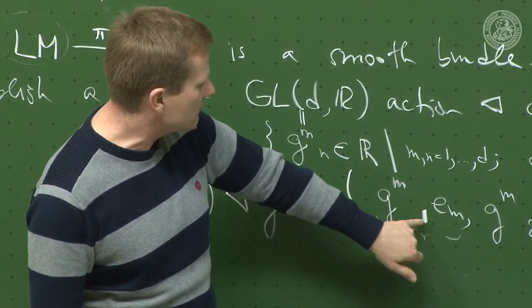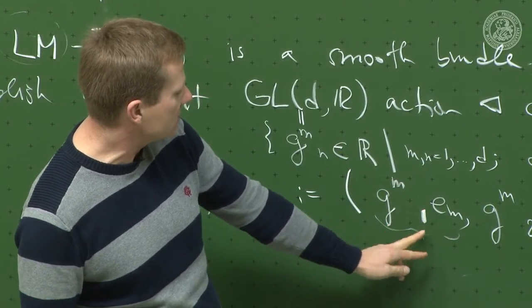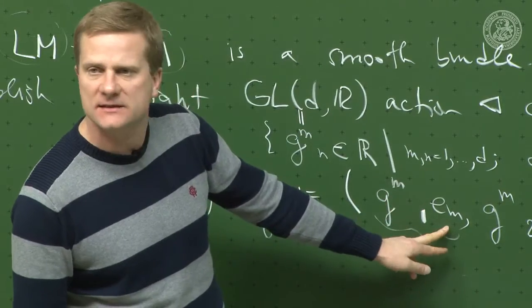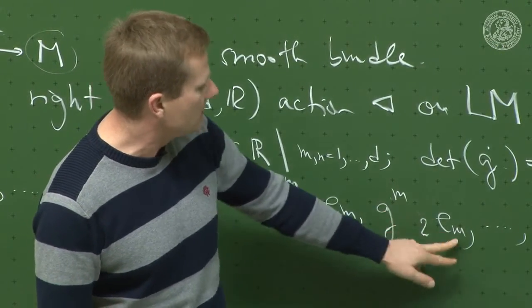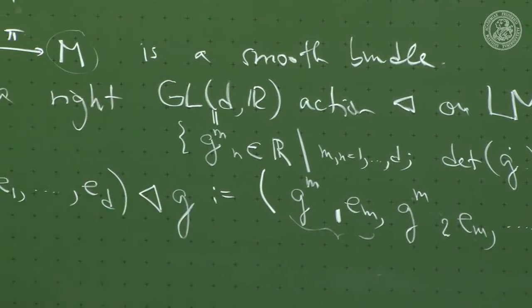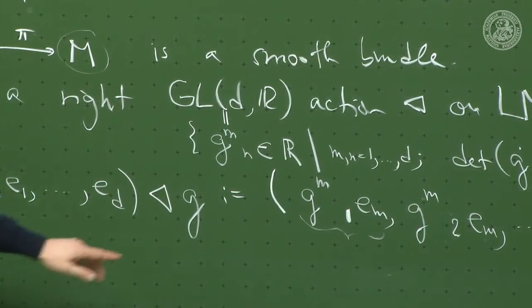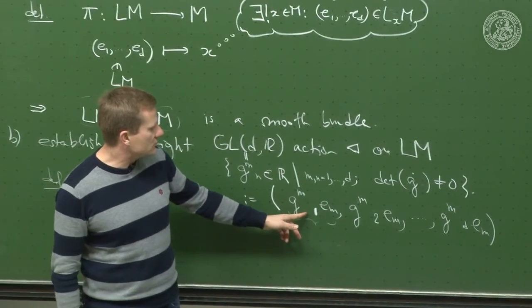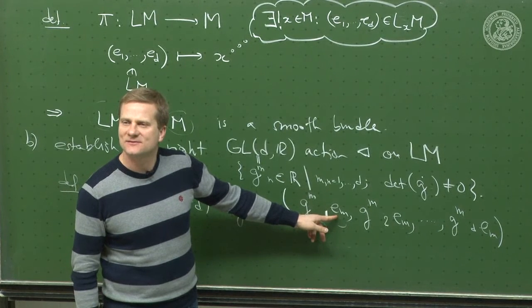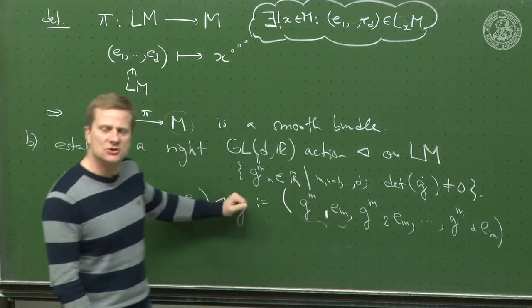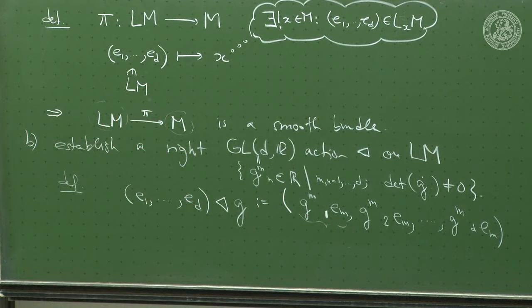It's the first collection of coefficients for this linear combination. This is the second collection of coefficients that makes up the second one, and so on. This is, of course, precisely how you transform from one basis to another basis. So this is what the action of the GL group is doing.